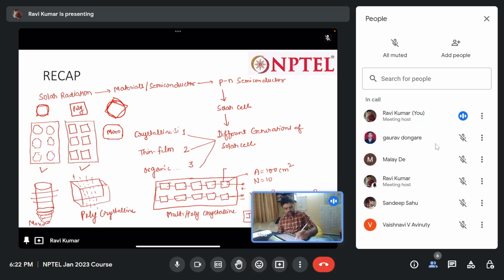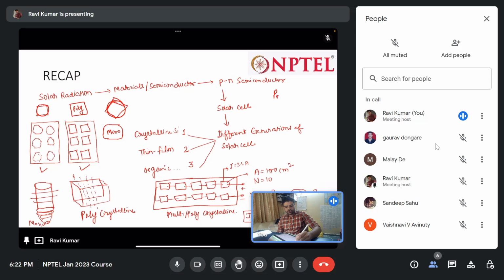So if this cell is having current 3.5 ampere and all cells are in series, so current will be same, 3.5 ampere. Okay, now I told you PMPP.